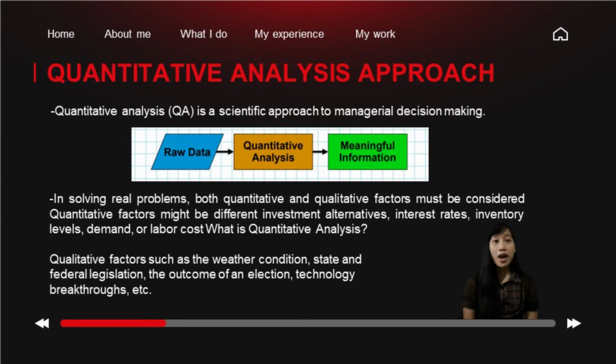Quantitative factors refer to the financial numbers that reflect the health and profitability of a company. Qualitative factors, such as the weather condition, state and federal legislation, the outcome of an election, technology breakthroughs, and more, are decision outcomes that cannot be measured.